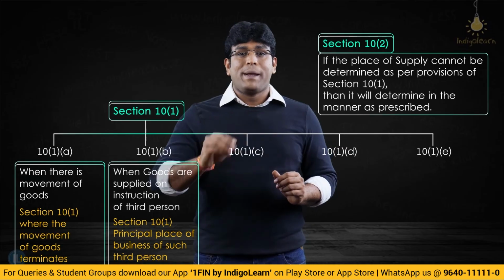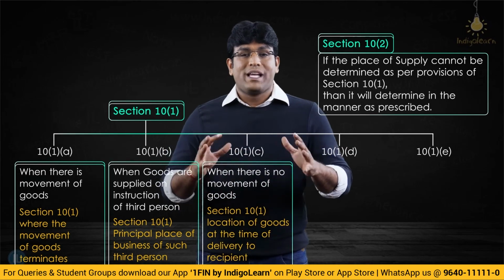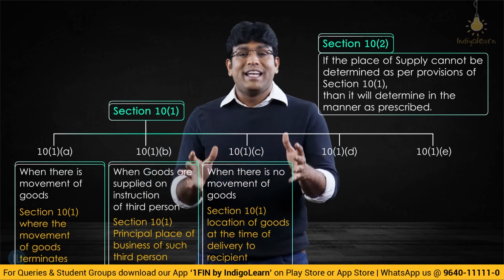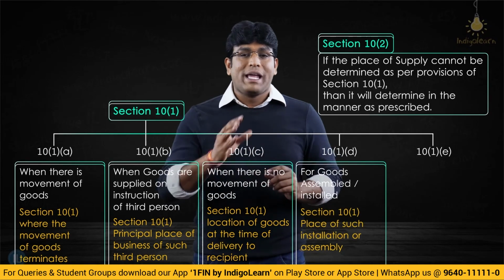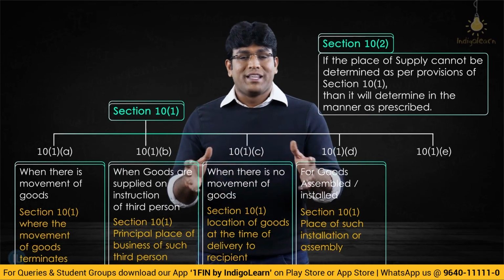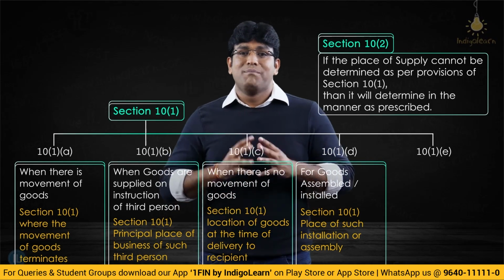10.1c talks about place of supply in case where there is no movement of goods. Place of supply will be location of goods at the time of delivery to the recipient. Then 10.1d talks about place of supply for goods assembled or installed. For that, place of supply will be place of such installation or assembly.